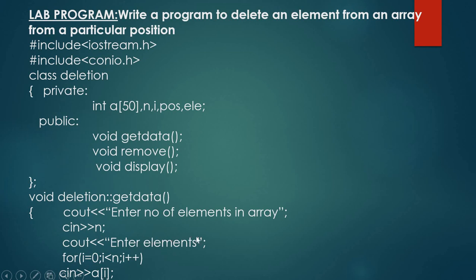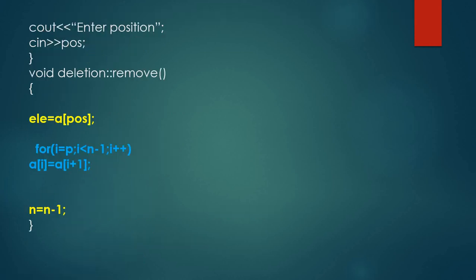These elements are input using one for loop: for I is equal to 0, I less than n, I plus plus, read A of I. First we read A of 0, then A of 1, A of 2, up to A of n minus 1. Like that we can read the elements of the array. After that, enter the position, POS. These are the inputs of this program.